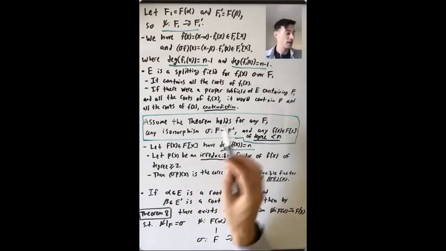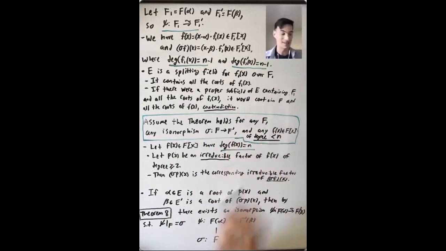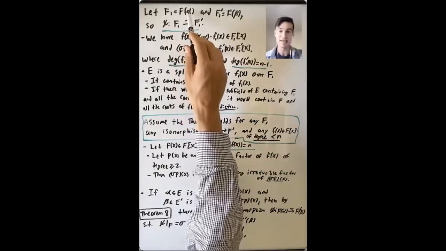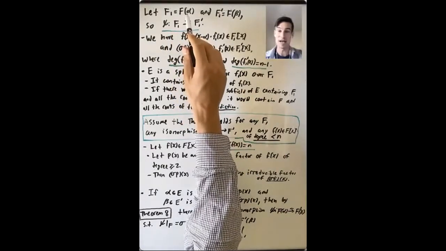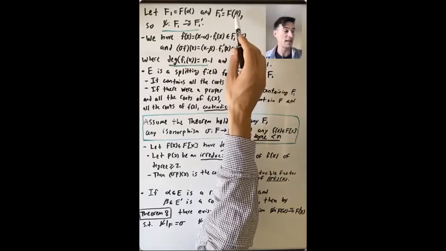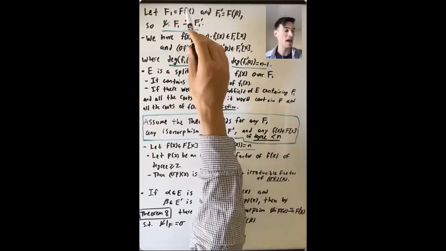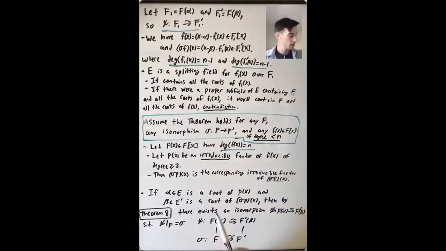Okay, so how are we going to apply the induction hypothesis? We're going to apply it not with F and F prime, but to F1, which we're going to set equal to F adjoin alpha, and F1 prime, which we're going to set equal to F adjoin beta. And with F1 and F1 prime, just with that new notation, what is psi?